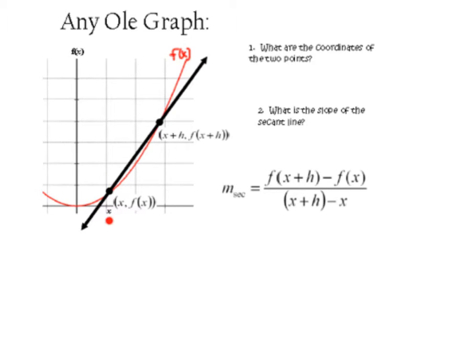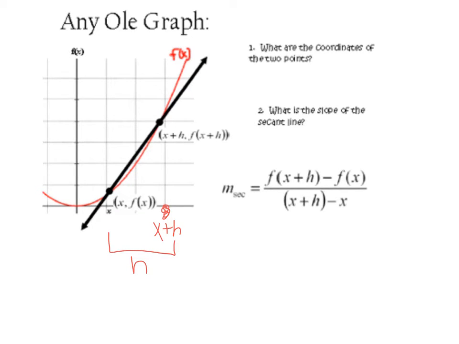We say this is the x coordinate, and then this is the y, f of x, at that point. So you can see the point here, x and f of x. And then here, for this point, we have x plus some value h. Right? We just add it. So this is x plus h. I'm going to write that down here. Down here is x plus h. This from here to here is h.